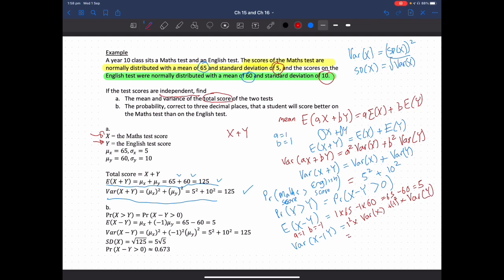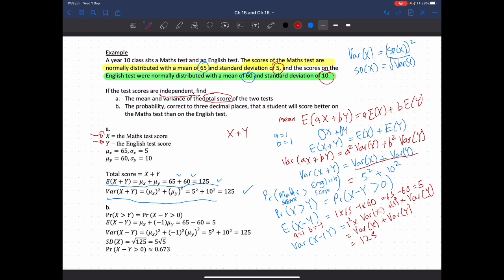So we have variance of x, negative 1 squared is 1, so plus the variance of y. We have already worked that out, the variance of x plus the variance of y above. The variance of x plus the variance of y was 125.